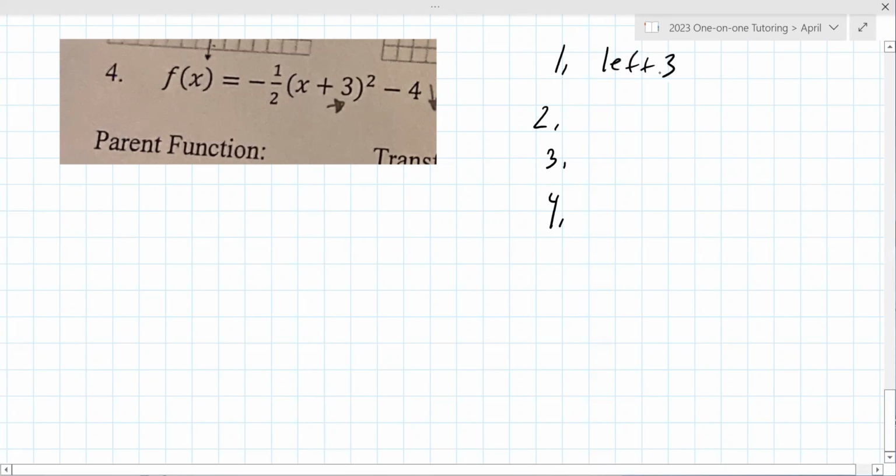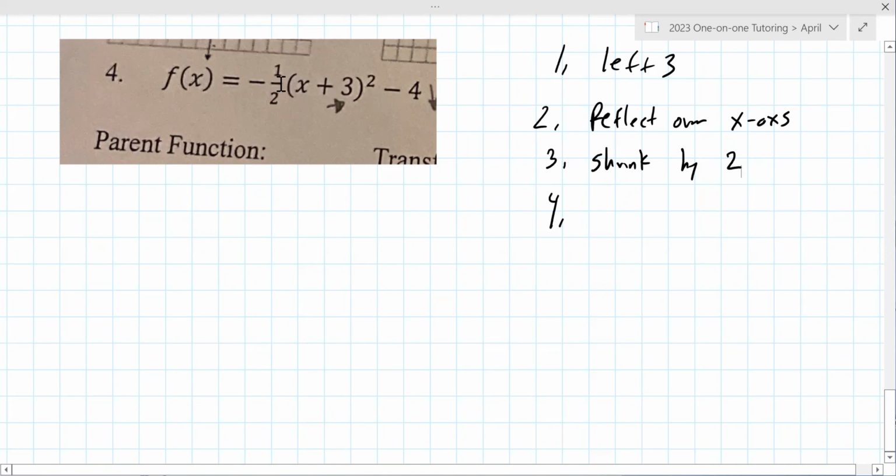And then the second step, I would say reflect over the x-axis. Okay. And then I would say shrink by 2. That's the correct wording to use, because it is by a factor of 2. Some teachers allow you to say by 1/2.